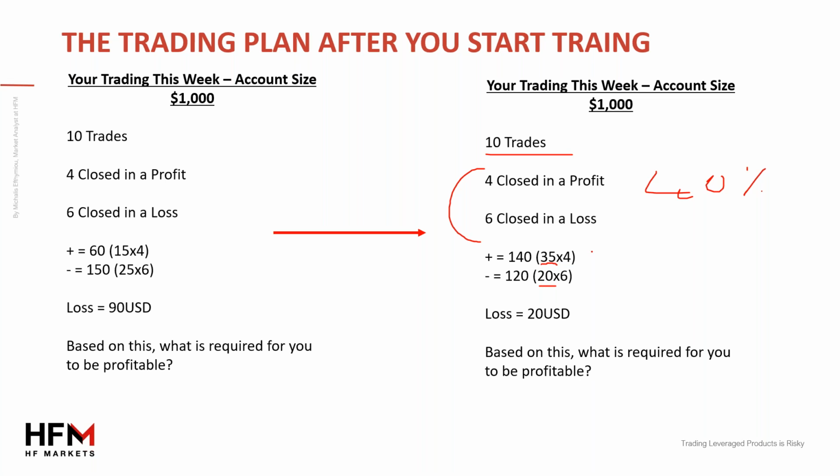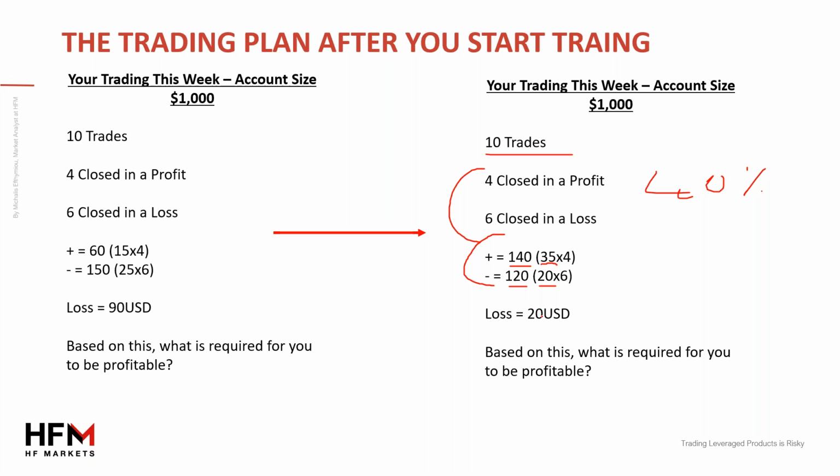So now, ladies and gentlemen, based on the success rate, 10 trades, and the new figures, each time his trade is in a profit, each time his trade is in a loss. Based on 35 times 4, because there are 4 trades in a profit, his profit is now 140. Based on 20 times 6, his loss is 120.